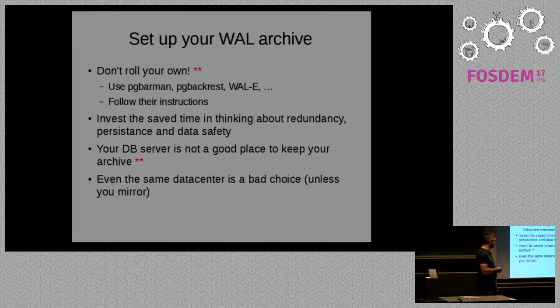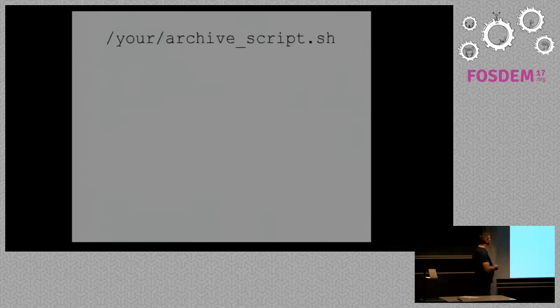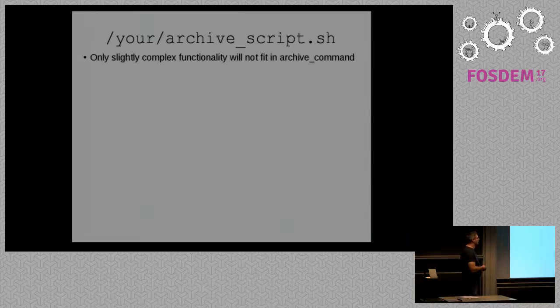So what should your archive script look like? I will not give you one. One of the reasons why the archive command and the restore command have no default, not even in the docs, is because everybody's environment is so different and you cannot cover it all. You can't even try.